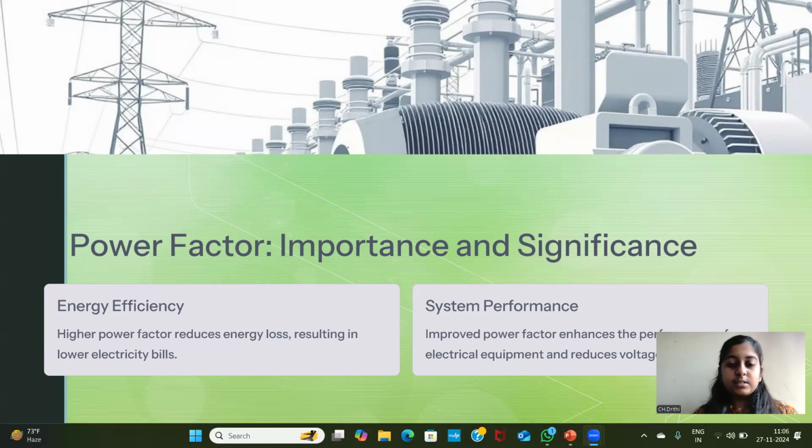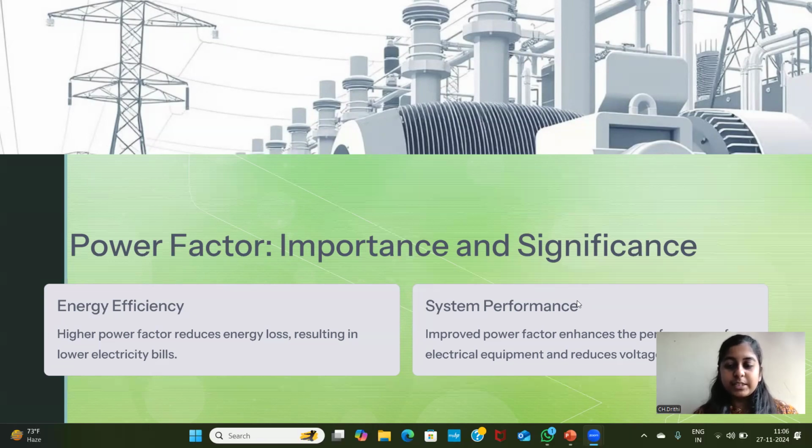Now let us know about the importance and significance of power factor. First, energy efficiency. This is the main point and the most likely point to be discussed. Higher power factor reduces energy loss, resulting in lower electricity bills.